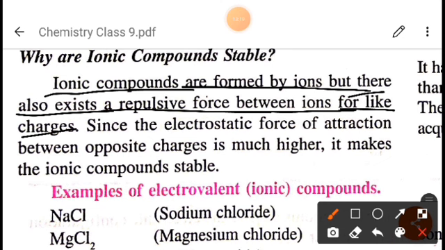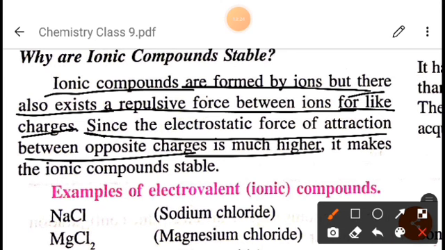Since the electrostatic force of attraction between opposite charges is much higher, it makes the ionic bond stable. You can understand it like this: an ionic compound is basically formed due to the formation of ions.